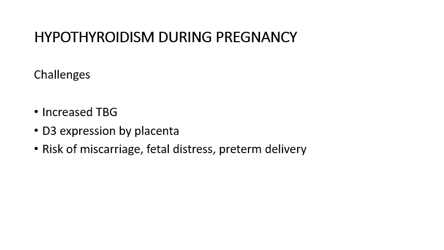So basically the pregnant females will have less free T4 and T3 in the blood because of these two facts. One is increased thyroid binding globulin, and the second factor is the type 3 deiodinase expression in the placenta. So both will cause decreased level of free T4 and T3.